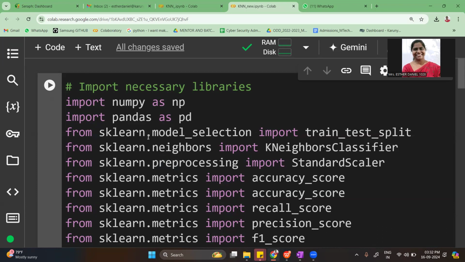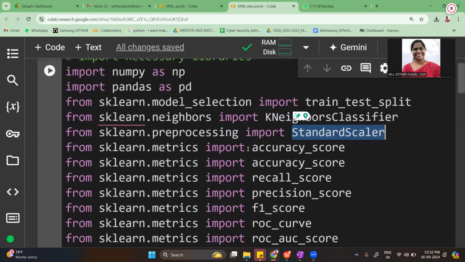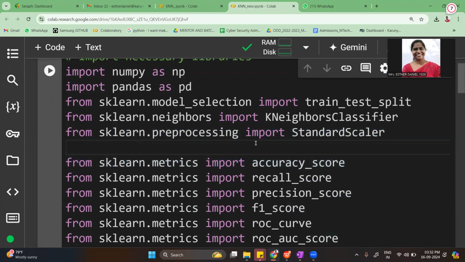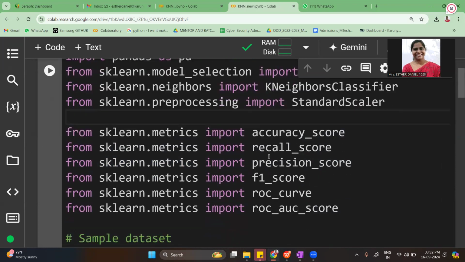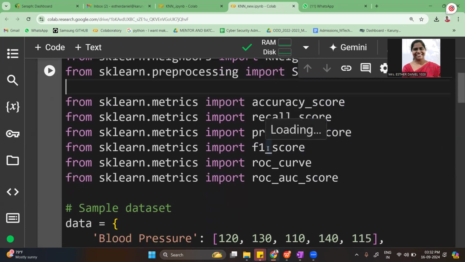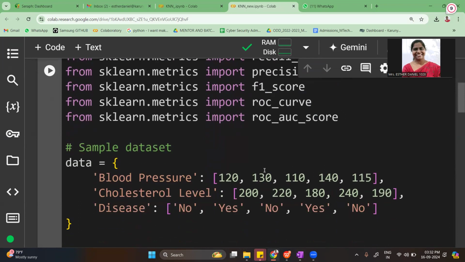You have to import the necessary libraries from scikit-learn: the train and test split, the K-neighbors classifier, and StandardScaler to standardize and normalize the features. And for the performance metrics, we are going to find accuracy, recall, precision, F1 score, ROC curve, whatever we need, so we have to import those libraries.